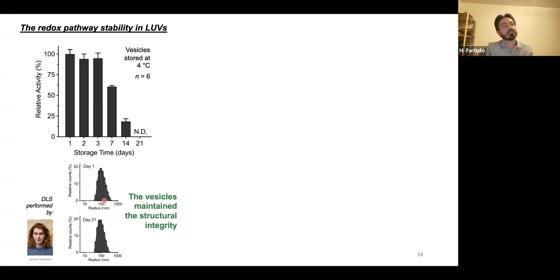So we assume that most of our vesicles just maintain their structural integrity, a reason that makes us think that it was something that was going on with the enzymes that instead were incorporated.